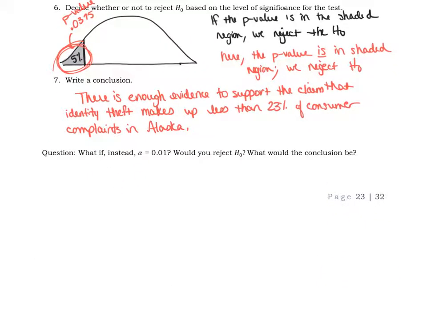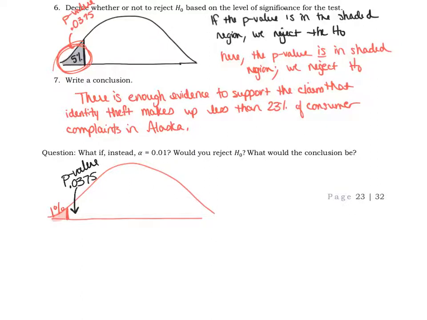Okay, so let's take a look real quick. What if instead our level of significance would have been 1%? Well, if that's the case, now when we have our region, and we shade our red zone, this time I'm actually making it red, 1% is down here. When we take a look at our p-value of 0.0375, notice that that p-value is not in that most extreme 1%.